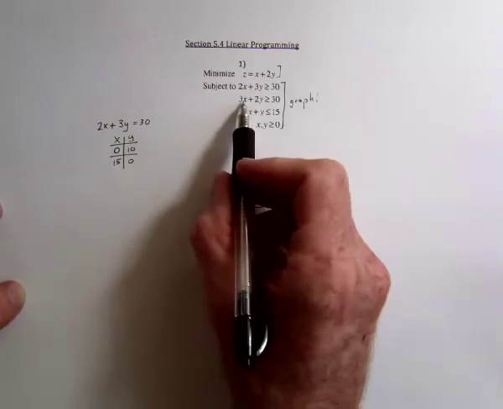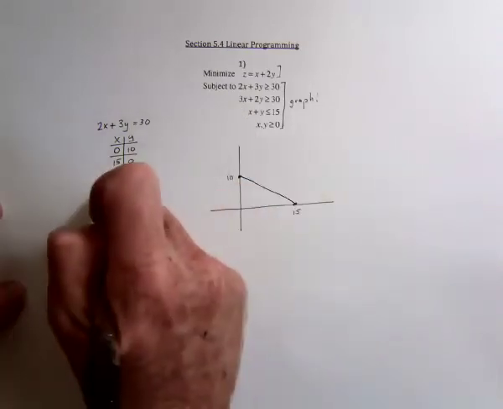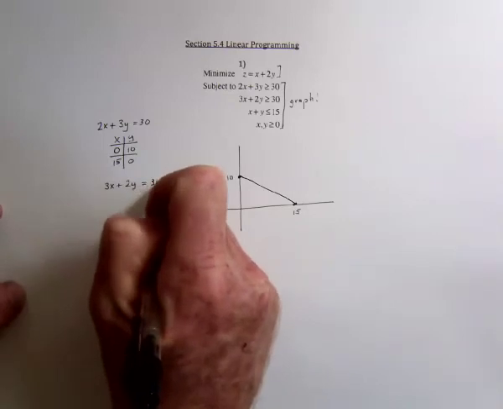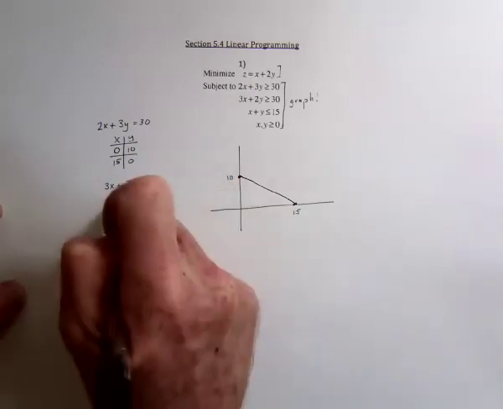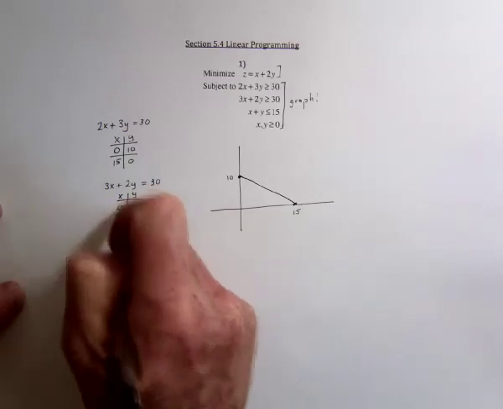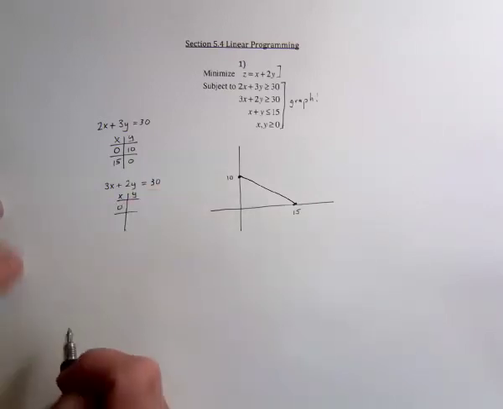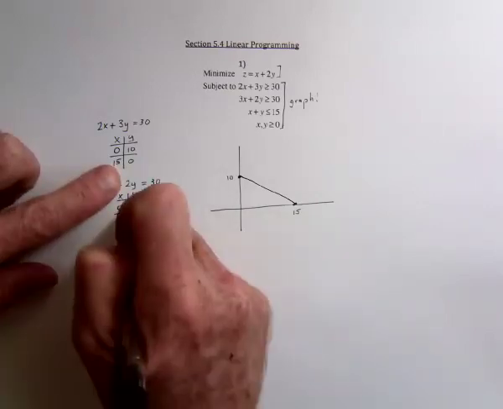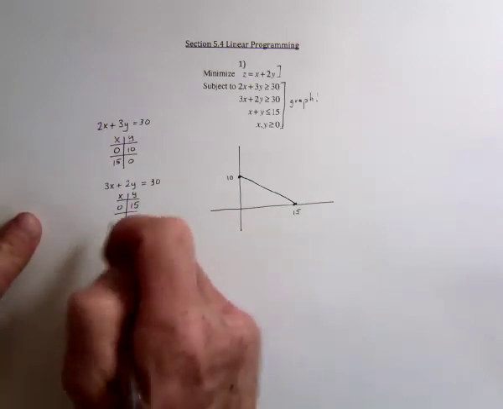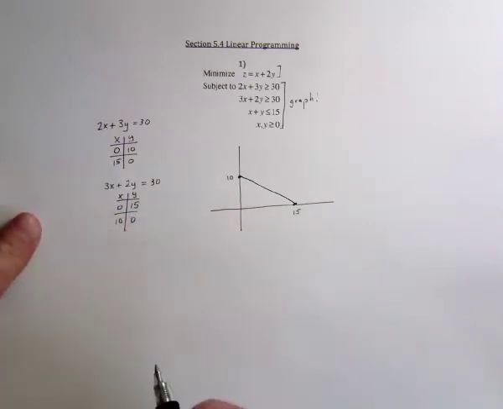Okay, move on to this one right here, 3x plus 2y. If that was set equal to 30, make a small table of values. If x were equal to 0, then y would be 15. If y were equal to 0, then x would be 10.